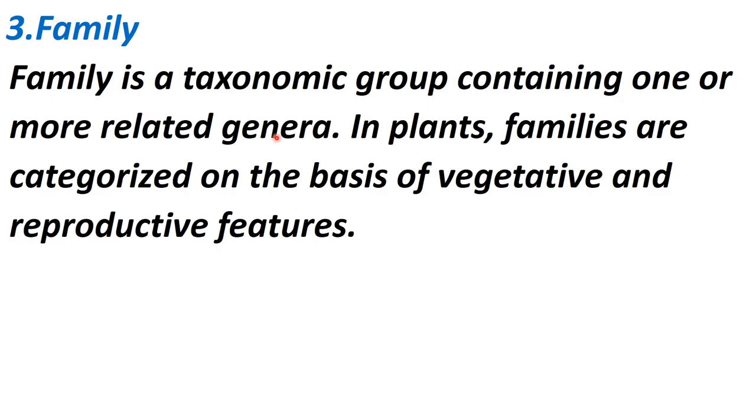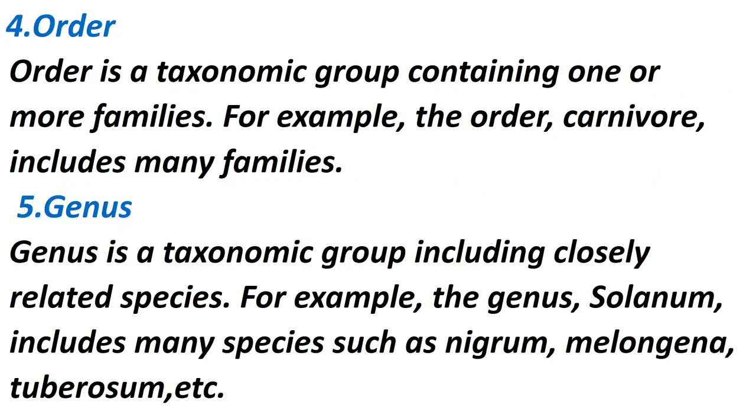In plants, families are categorized on the basis of vegetative and reproductive features. Then what is order? Order is a taxonomic group containing one or more families. For example, the order Carnivora includes many families like Felidae and Canidae, both are under the carnivores.